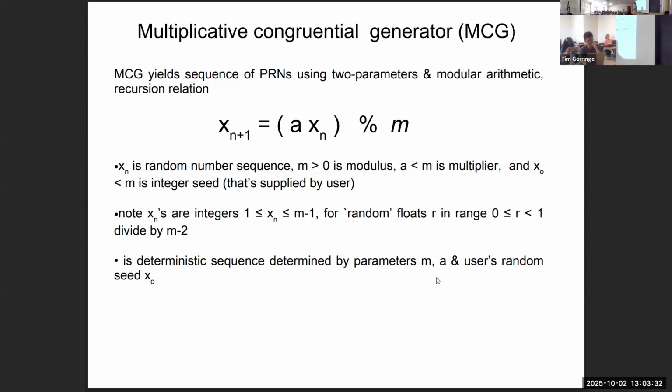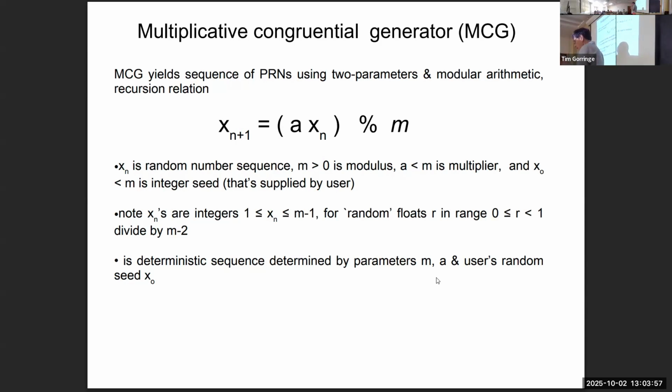Because if you're working in modulo 12, for example, there's no meaning to numbers beyond 12. So it better be less than 12. So there's these two parameters, a and m, that characterize your particular multiplicative congruent generator. So if you were to build one right now, you would pick an a and m for your particular generator.